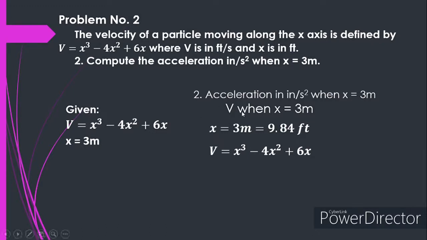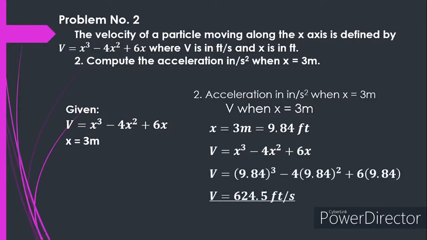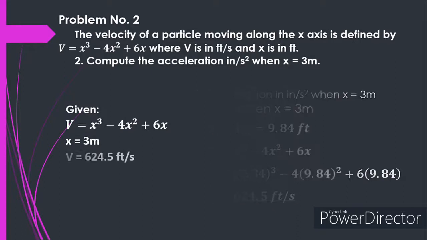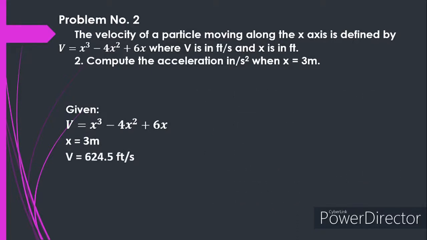So, dito sa question number 2, x is equals to 3 meters. So, ilan ang velocity natin at 3 meters? So, will result to 624.5 feet per second.